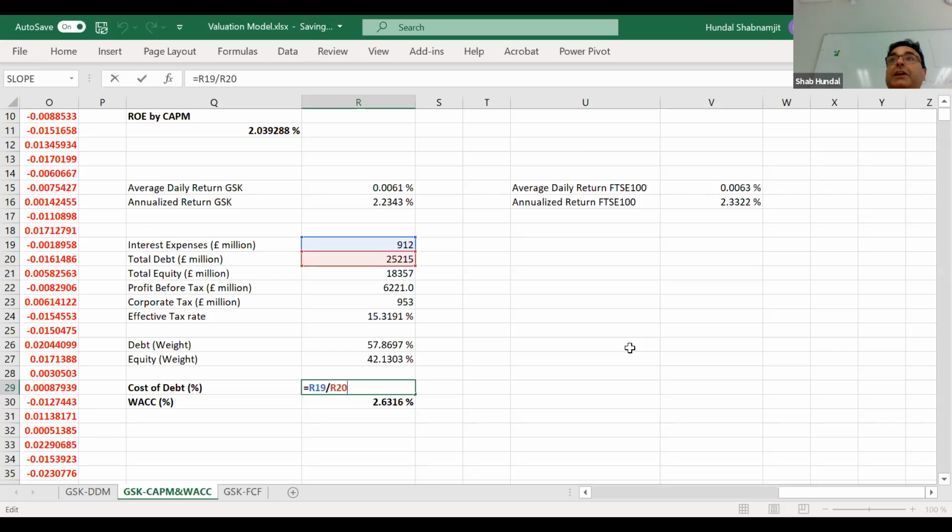So this is what we calculate here. You know the amount of interest GlaxoSmithKline is paying, and you divide by the total debt. That will give you exactly the interest rate which GlaxoSmithKline has been paying.